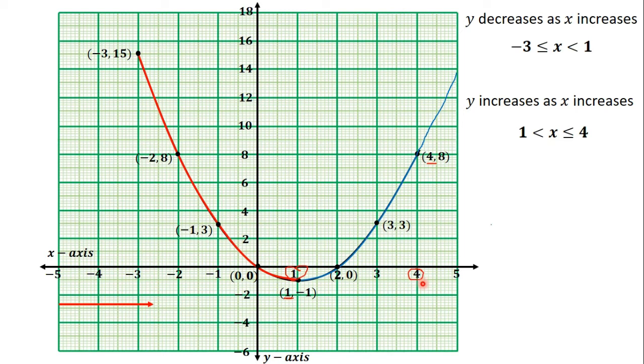I hope it's understandable now. For values of x for which y decreases as x increases, we will have to choose values of x between -3 and 1. For values of x for which y increases as x increases, you have to choose values of x between 1 and 4.